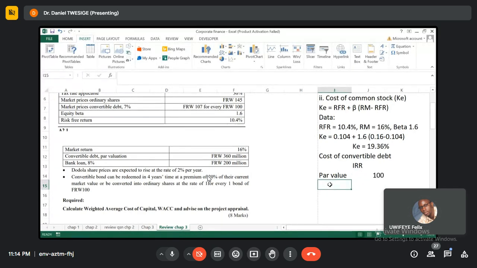Our coupon rate is 7%, meaning the interest will be equal to 7% times 100 times 1 minus 0.3. Isn't it? And you get what? Interest.